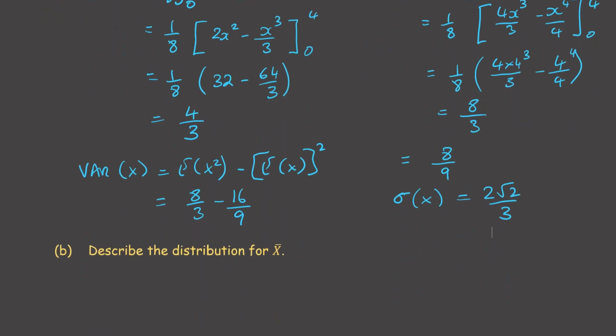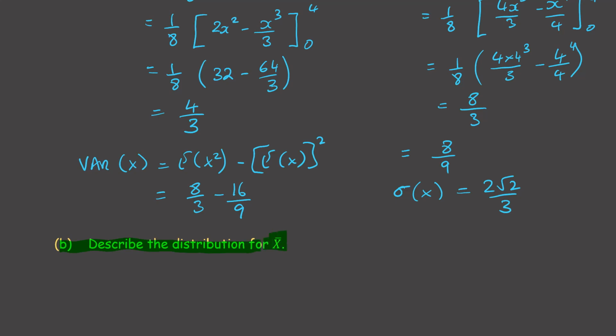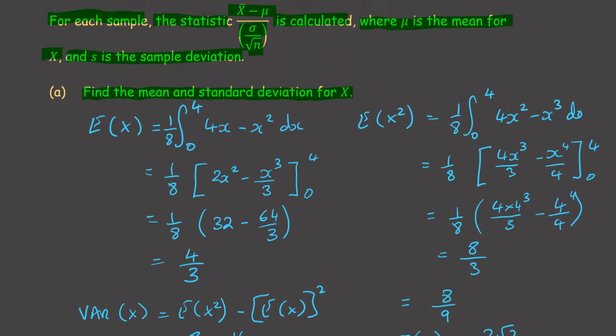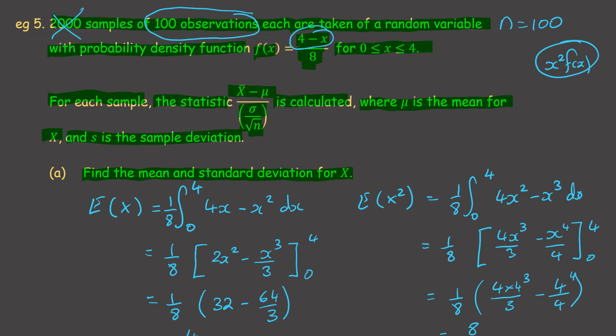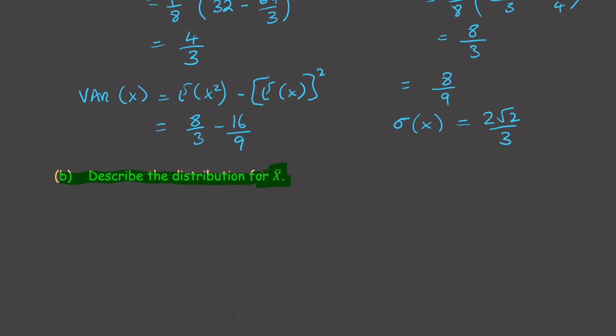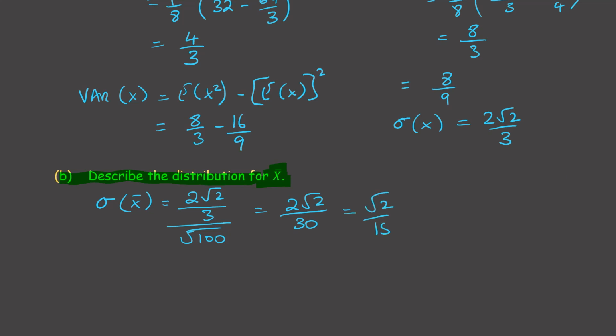So we now want to describe the distribution for x bar. Now that's where our 100 observations is going to come in. So let's think about the sigma for x bar. That's going to be 2 root 2 over 3 divided by the square root of 100, which is 2 root 2 on 30, or root 2 on 15.